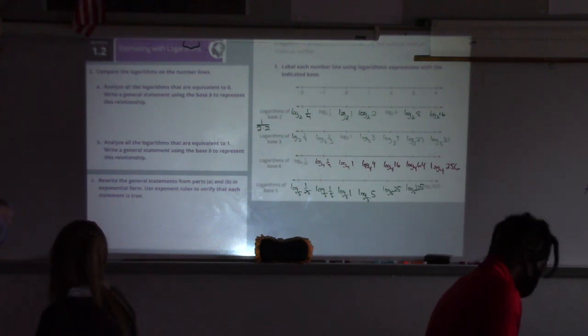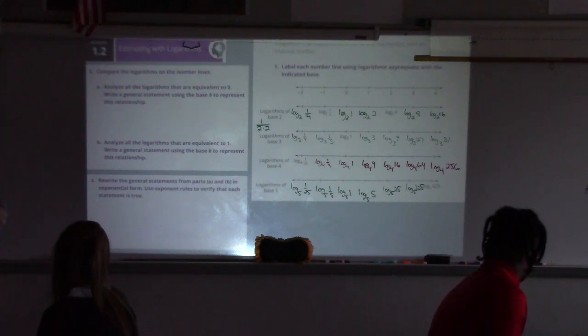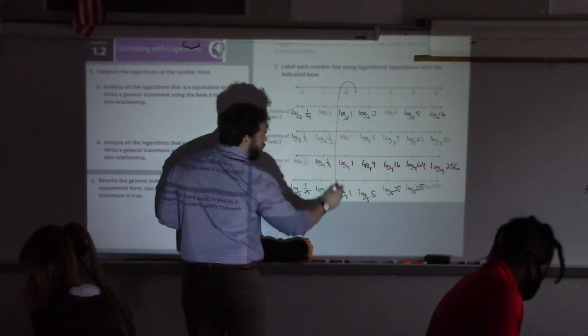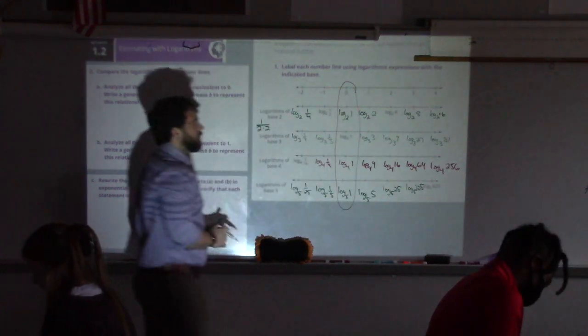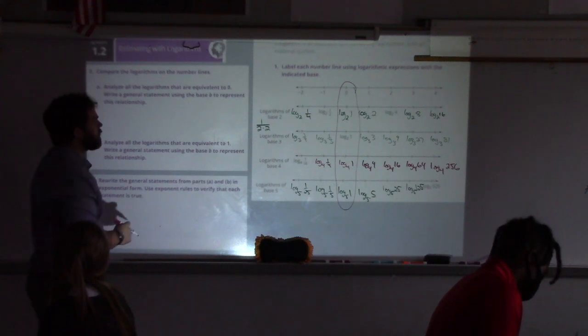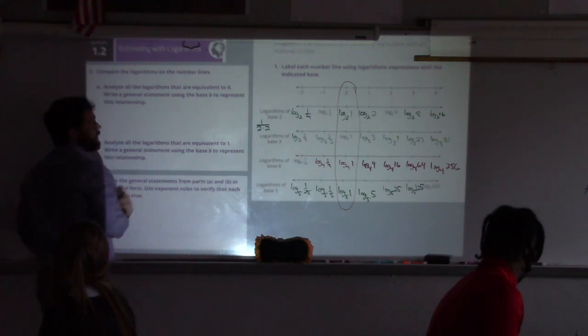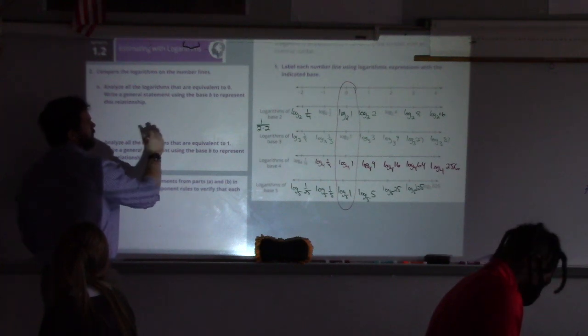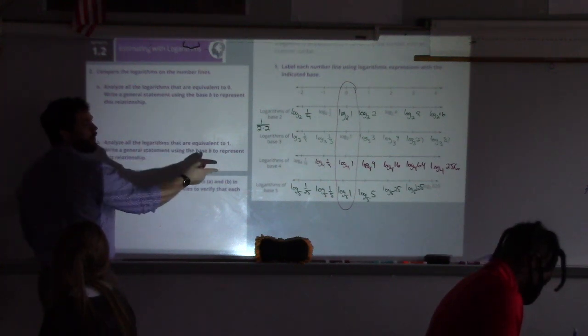Analyze all the logarithms that are equivalent to 0. So referring to all of these, what is a general rule that we could write using base b? They always equal 1? Okay, so the argument is always 1.